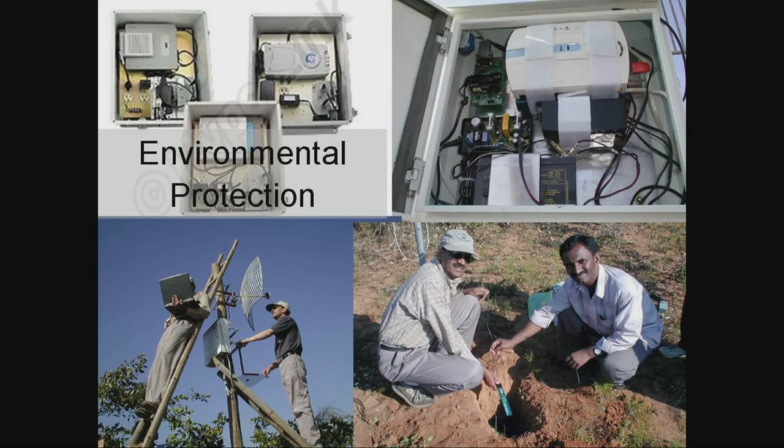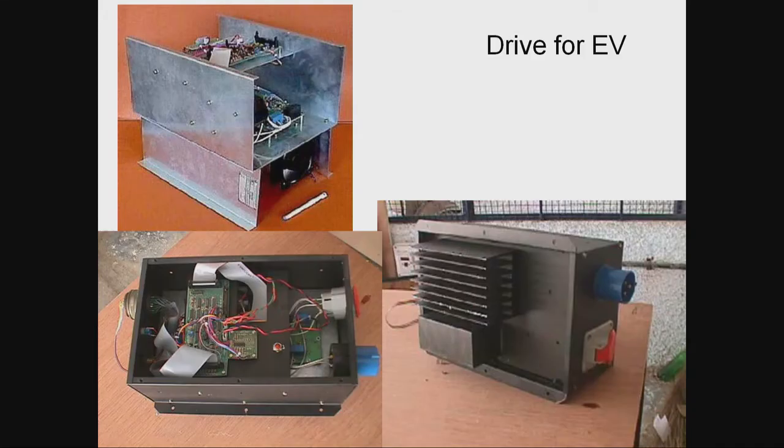If you identify all the components, you will know what it could be. This one is a drive for an electric vehicle. Now, at the top you see here, this one is the raw electronic circuit which one group has developed.